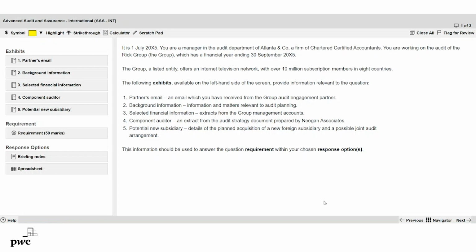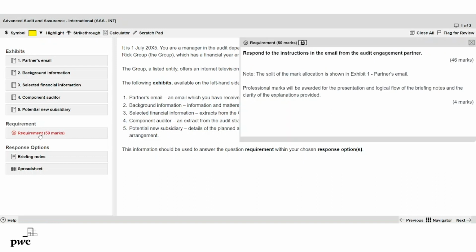Question number 1 is the most important question because it is worth half of the marks, 50 marks. So it is the question which we are going to start with. It is also exceptional in that the requirement here doesn't contain the requirements itself. It only contains the note that question number 1 also includes 4 professional marks.